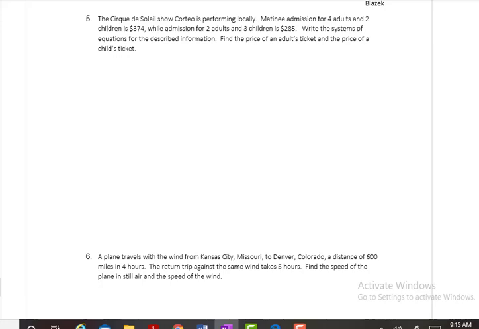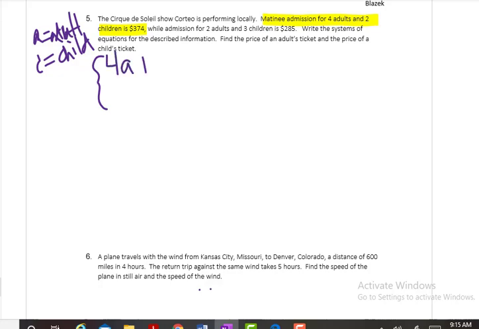So I need to have my variables. I'm going to let A equal the price of the adult ticket, and C is going to be equal to the price of the child ticket. So what I do know, and I'm going to go sentence by sentence, matinee admission for 4 adults and 2 children is $374. So 4 adults plus 2 children, 2C, is equal to $374.